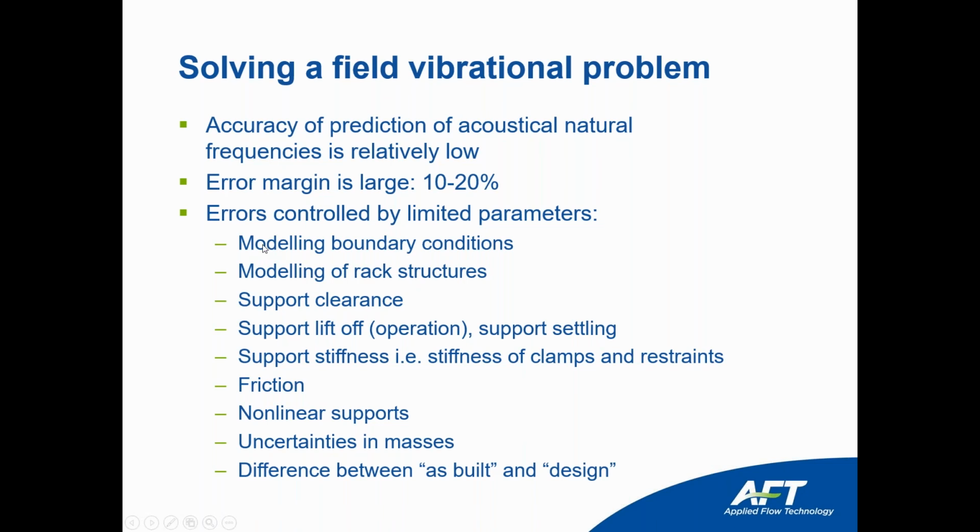And this is because there are many parameters that you have to take into consideration that can cause these error margins, like modeling properly the boundary conditions, modeling the rack structures, support clearance, support lift-off, support cycling, support stiffness, friction, nonlinear supports, uncertain masses. So when you trust the model you built to determine the mechanical frequency, you have to give yourself a bigger margin of error, between 10 and 20%.